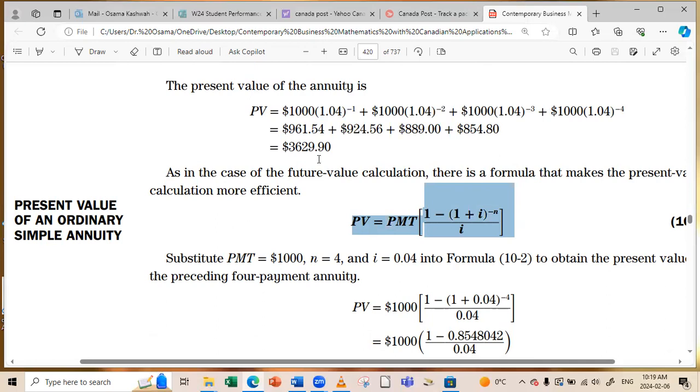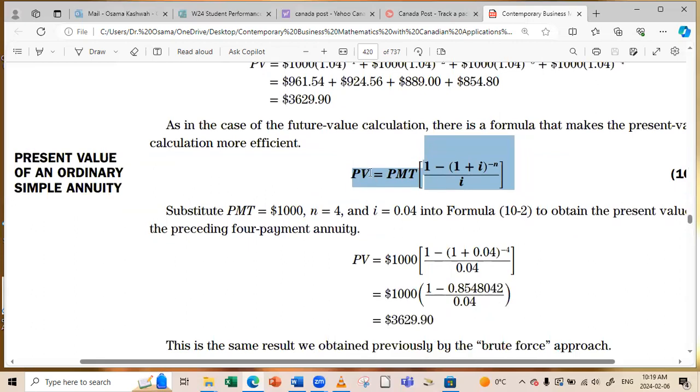And instead of doing them one by one, I can do all of them with the formula, which says the present value will equal the principal of the annuity multiplied by 1 minus 1 plus the interest, power minus n, where n means the number of the annuities.